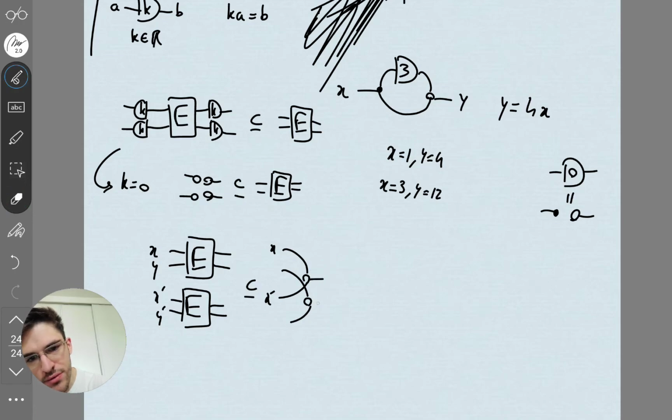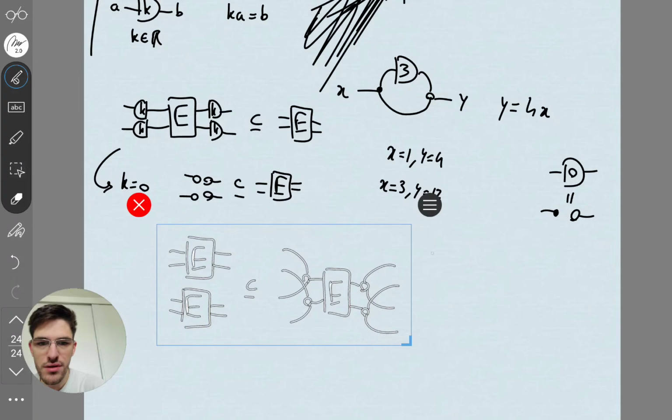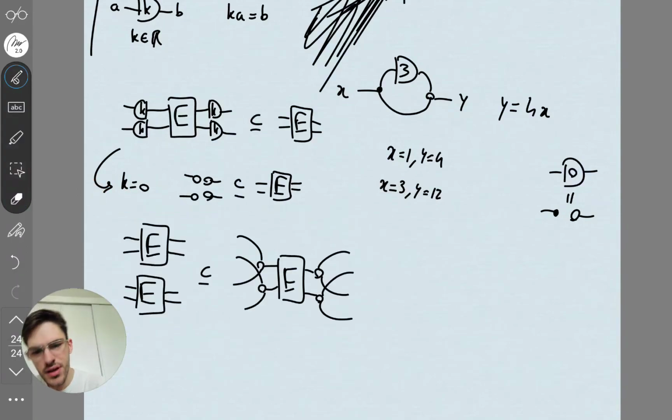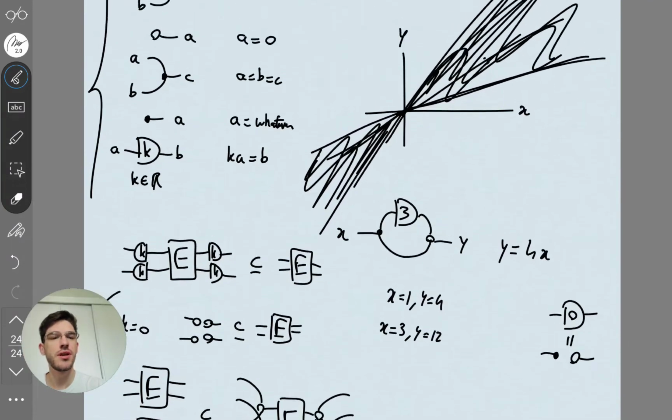And the rule is that those things are also in E. Okay, this is what it is. That's the second rule of linearity: whenever I have two points in my thing, then their sum is also in the thing.